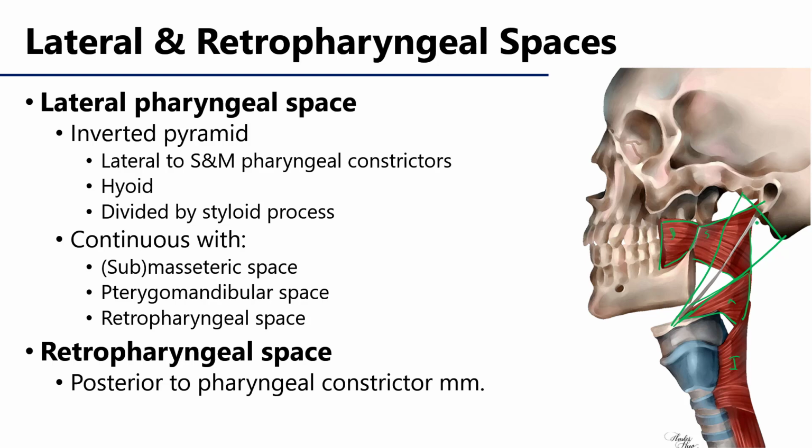We can see there's the styloid process of the temporal bone, and there's stylohyoid connecting that. But this space is sort of a key space because not only can you enter it from the submasseteric space or the pterygomandibular space, but it's also contiguous with that retropharyngeal space. So retropharyngeal space is behind the pharynx. Lateral pharyngeal space is lateral to the pharynx.